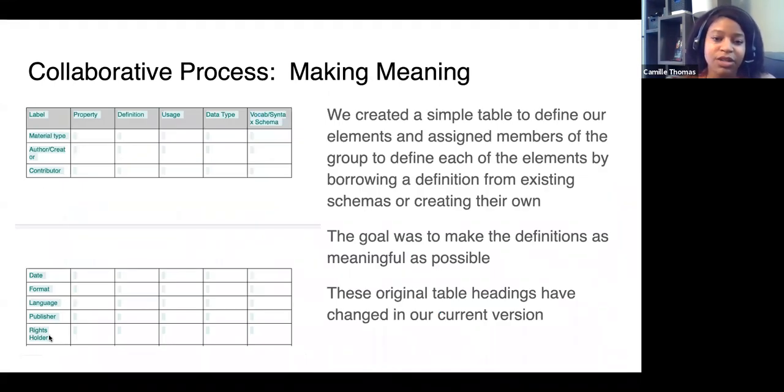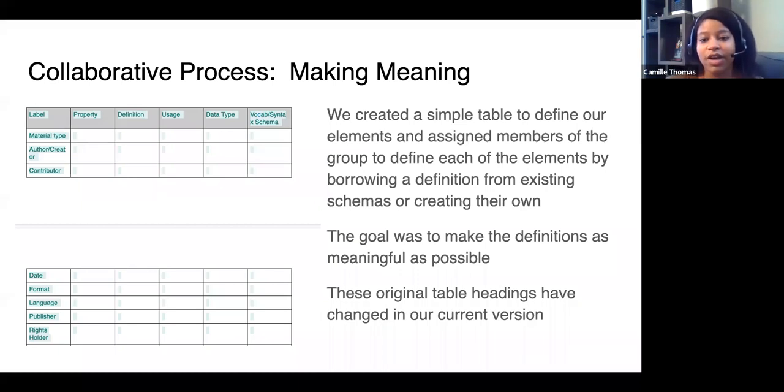So we started by creating this simple table to define the elements, and assigned members of the group to define each of the elements by borrowing a definition from existing schemas or creating our own. We were really focused on what does it take to describe OER, what's going to be accurate, what's going to help people when they're selecting materials.